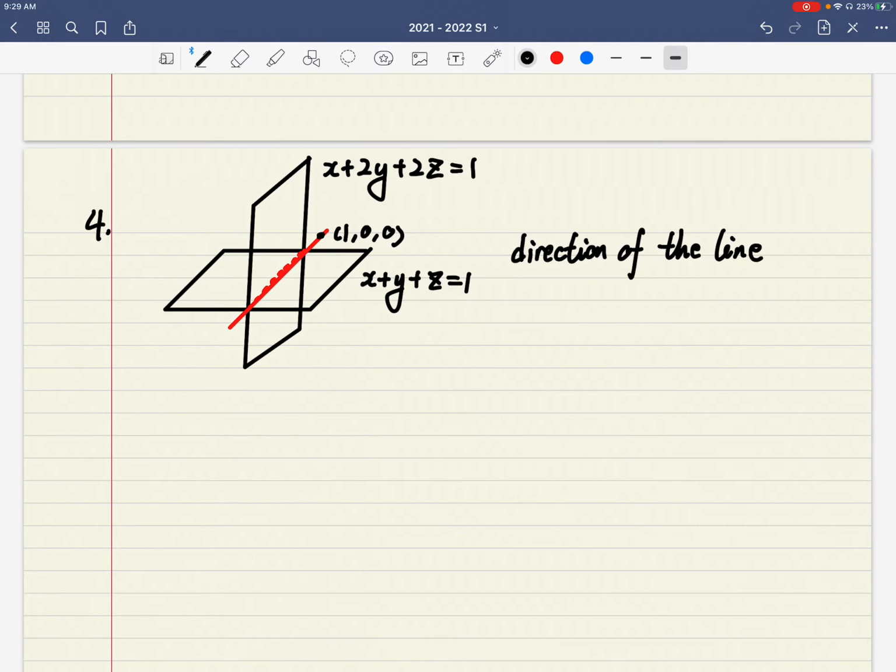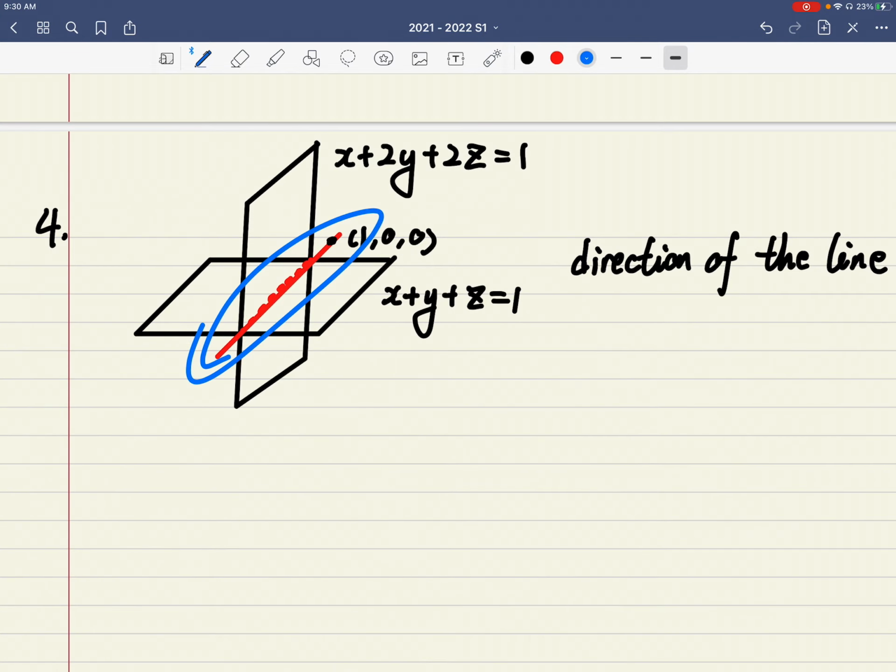All right, now it's a bit tricky, right? So you have to be creative because this line is on both planes. You can see this red line is on both planes. And these two planes both have a normal vector, right? So this red line is perpendicular to both normal vectors.